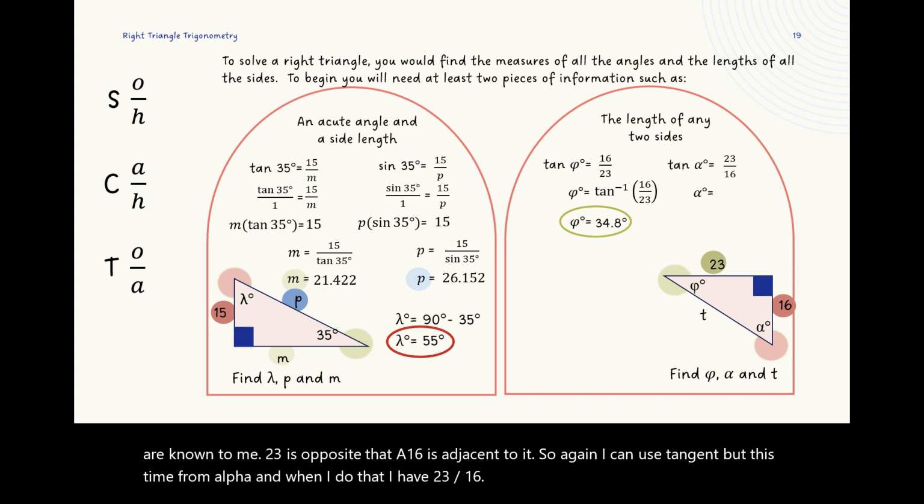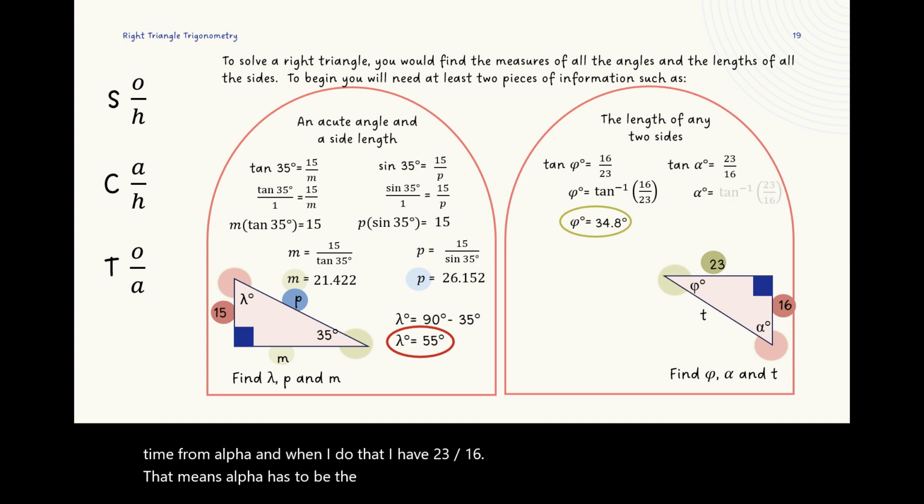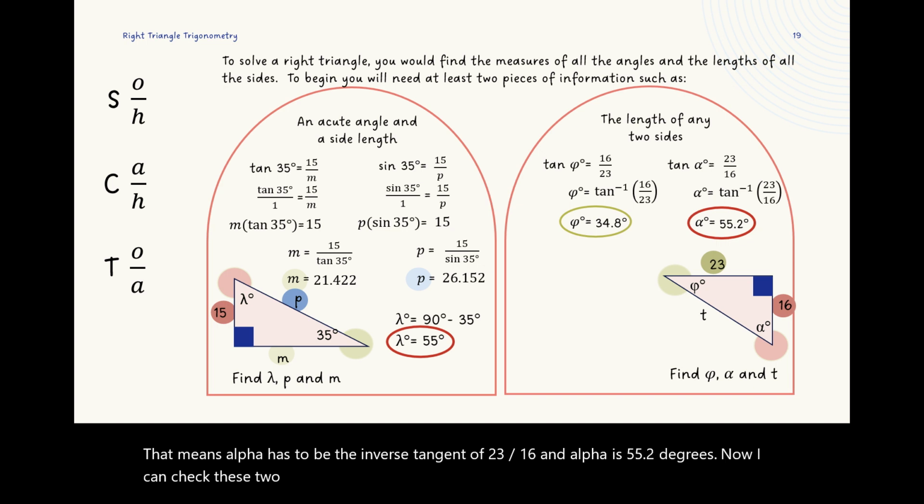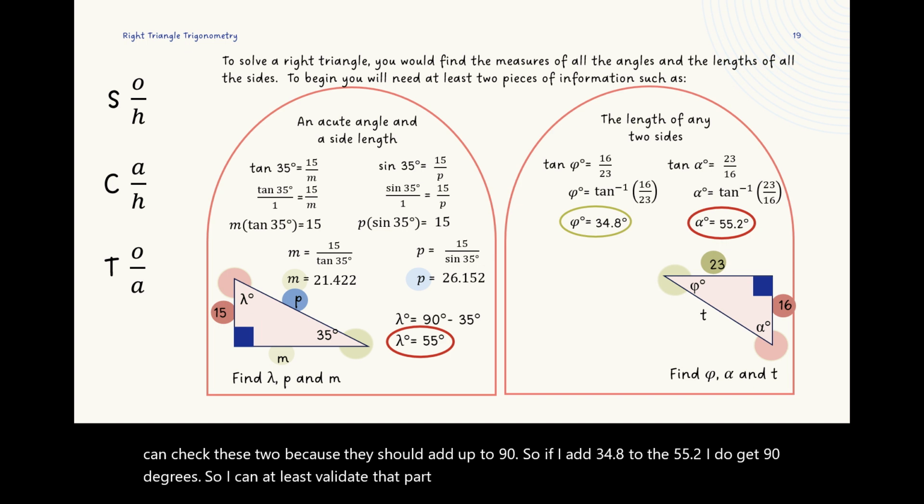That means alpha has to be the inverse tangent of 23 over 16, and alpha is 55.2 degrees. Now I can check these two because they should add up to 90. If I add 34.8 to 55.2, I do get 90 degrees. So I can at least validate that that part checks out.